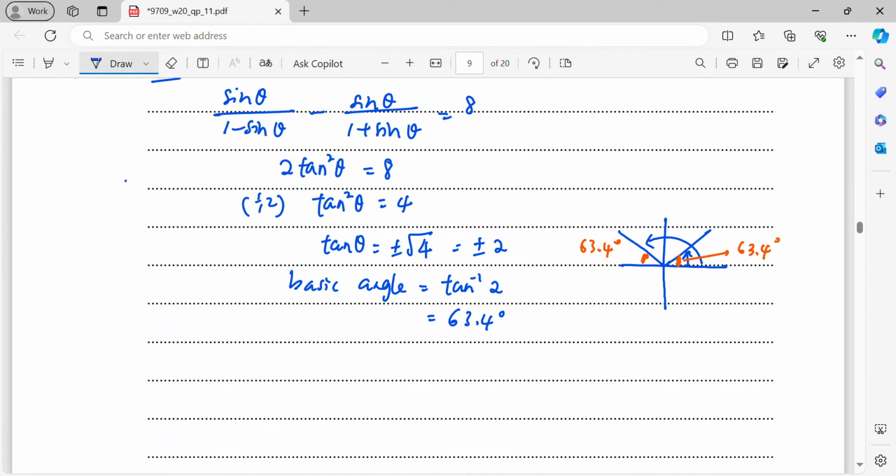So my theta is going to be first value 63.4, and the next value is 180 minus 63.4, because that is the major angle and it is in the second quadrant. Then from here you will be getting 63.4 degrees and 116.6 degrees. So that is your theta.